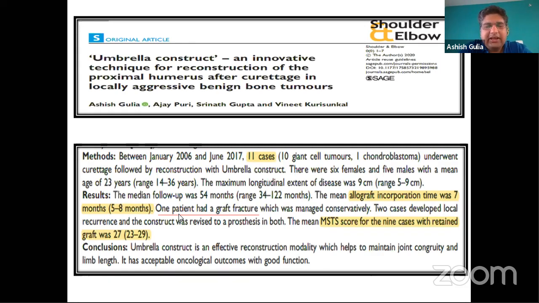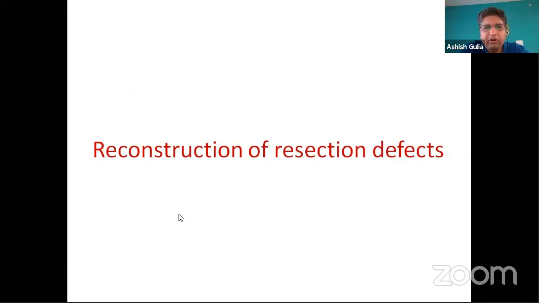So essentially, this talk was about reconstruction of bony defects by biological methods of reconstruction. Usually, the defects after curettage are not covered, but we thought that it would be good for the orthopedic residents or other MCS residents to address the curettage defects also in this talk.